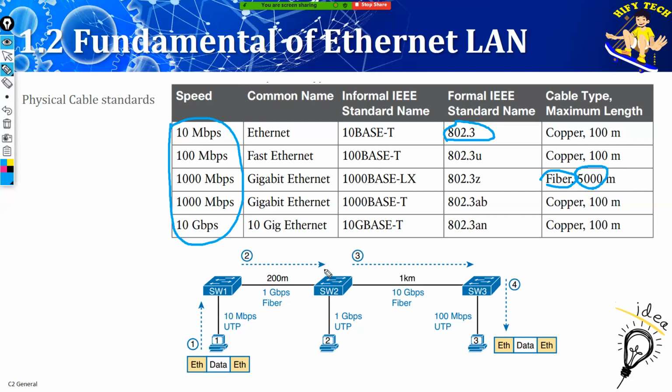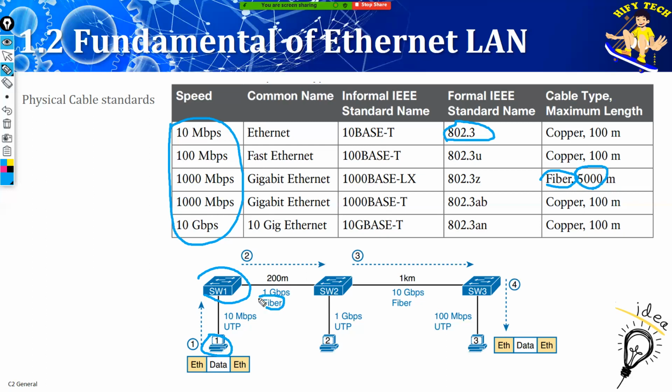So just to illustrate, here we have one PC. It is connected to a switch. So normally PC and switch are not that far. They are in the same room or the same building. So we can use electrical cable, Ethernet cable here, and then switch one to switch two is 200 meters. So we can use Ethernet cable, but over 100 meters, it is recommended to use optical fiber.